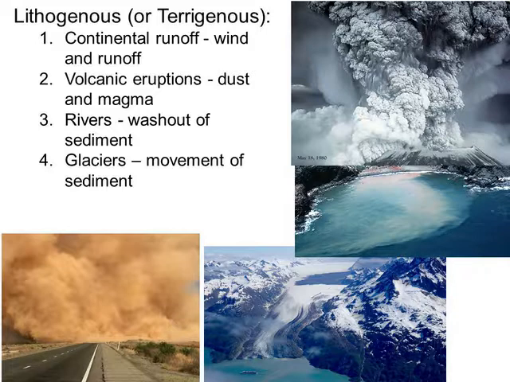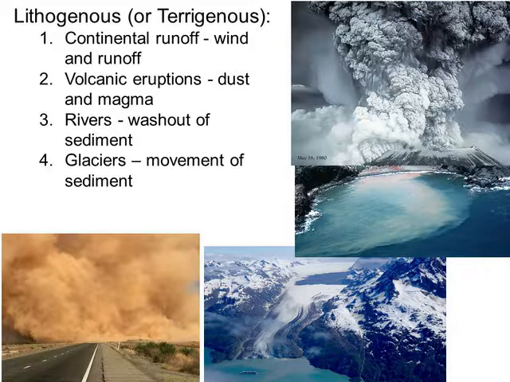You can see the image right below Mount St. Helens, kind of in the middle to the right there. That's an image of a stream dumping out lots of sediment into the ocean. And lastly, we have glaciers. Glaciers move a lot of sediment as they're receding or pushing forward.